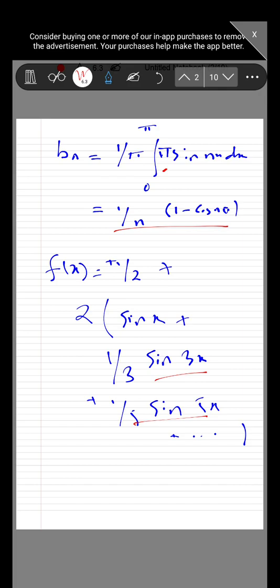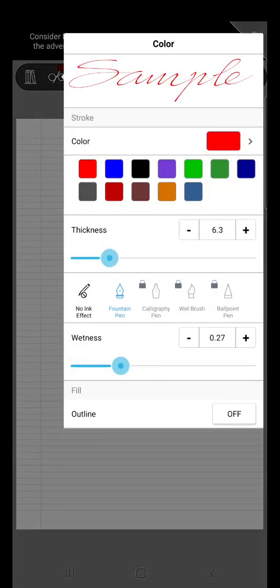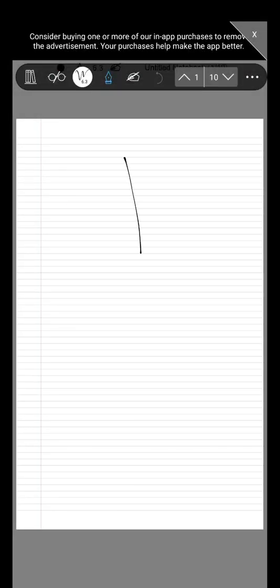So if we do the graphical representation, it will be something like this. Suppose this is from minus pi, 0 and pi.